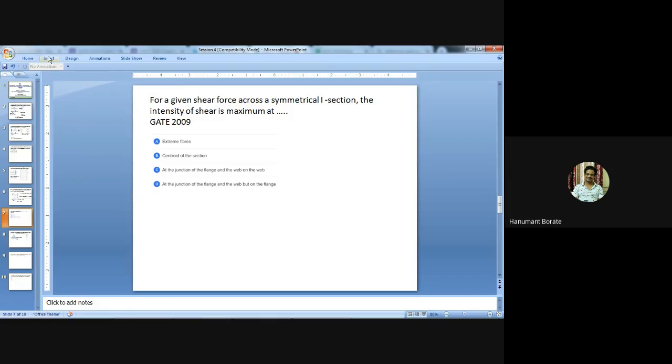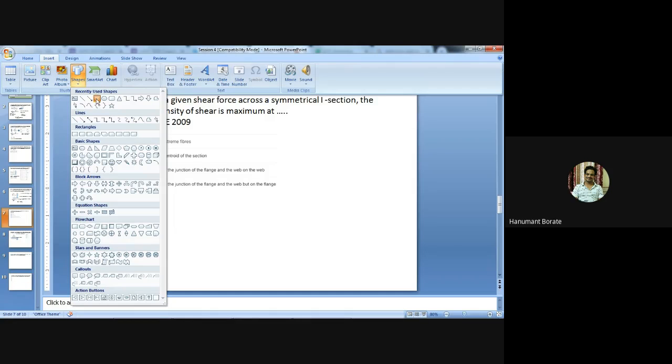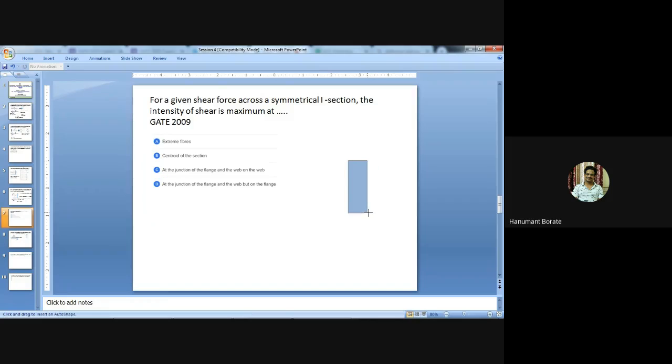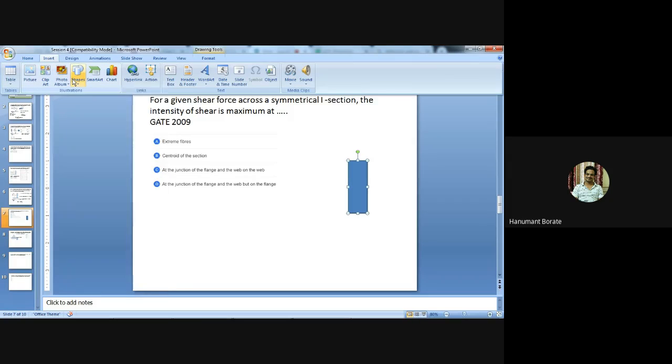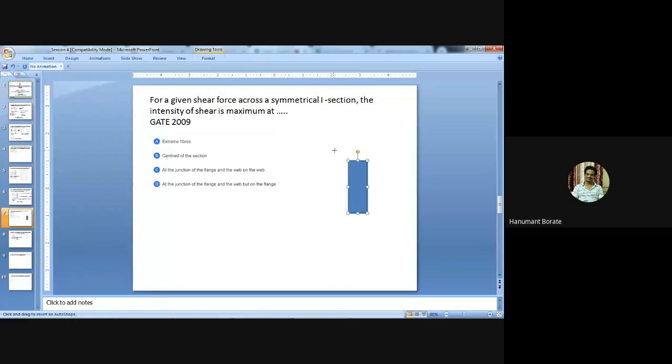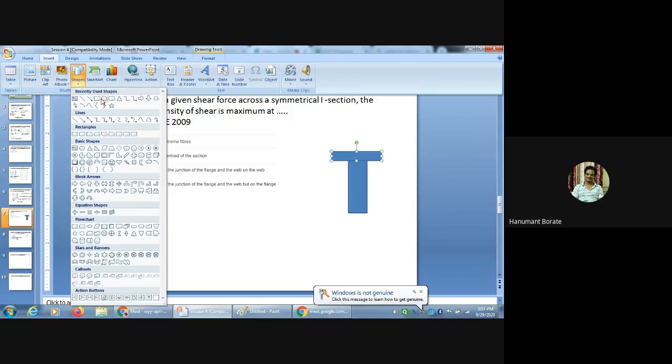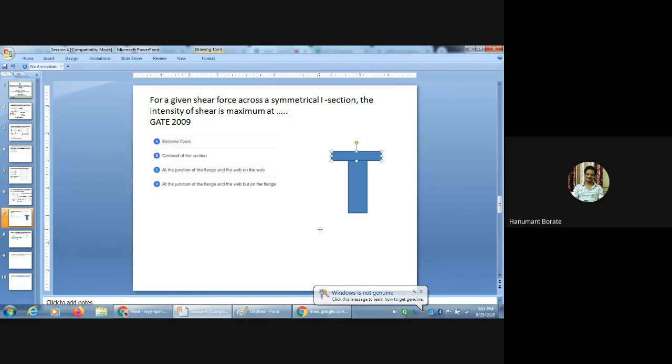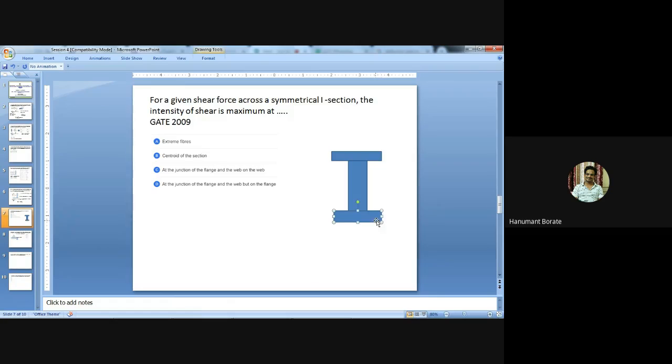So first I will draw the cross section, then you will understand. A symmetrical I section is given. Where will we get the maximum shear stress, the intensity of shear stress maximum?